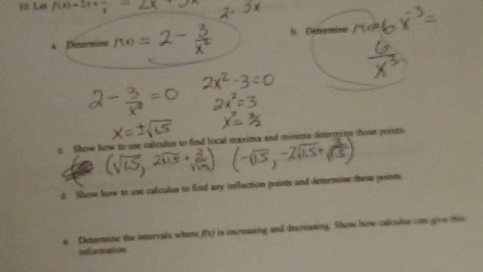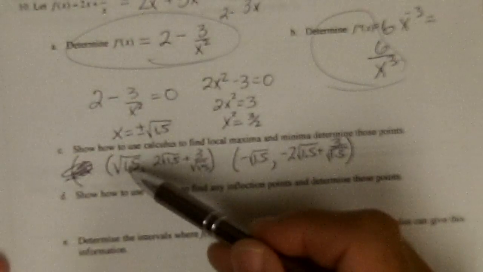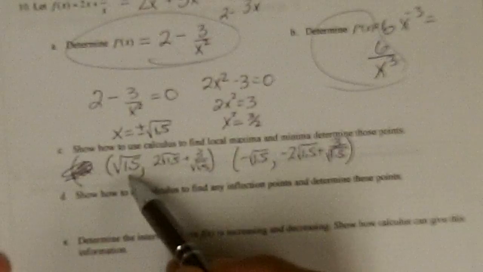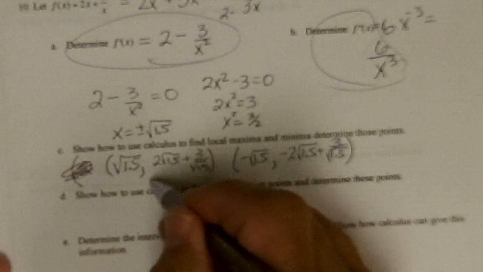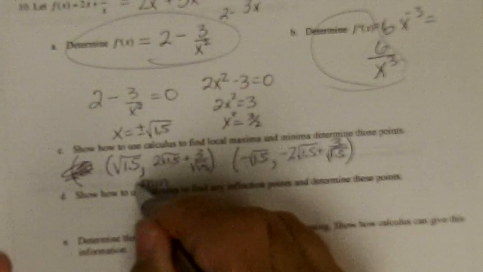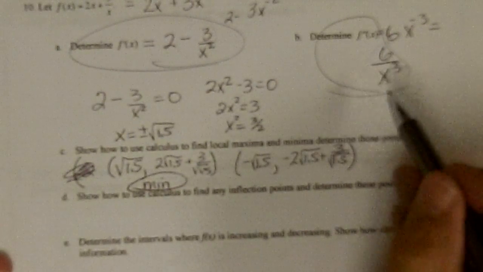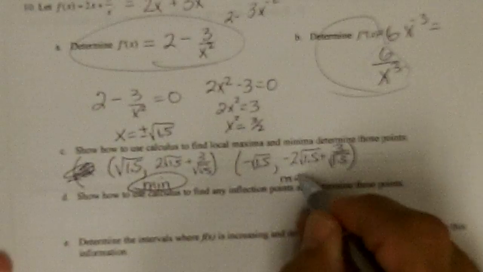Those are the points that could be maximum or minimum. For the second derivative, we'd put the square root of 1.5 in there, which is a positive cube. This would be positive, so this is curved up, so this is a minimum. And I put the negative into there, and that would be a negative, so this is a max.